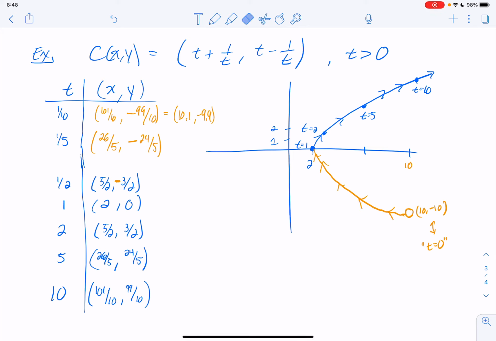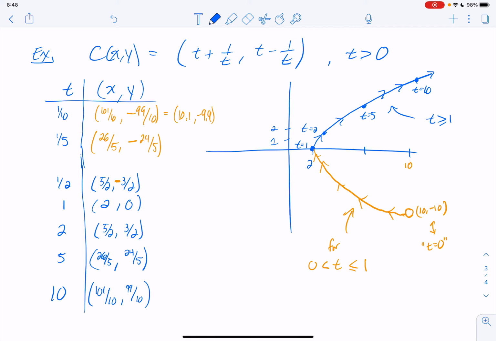This branch right here is exactly the branch that's occurring for t greater than 0 and less than or equal to 1. Whereas the blue branch that we had up here is the branch that occurs when t is greater than or equal to 1.